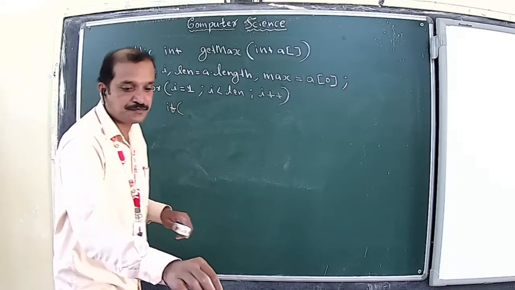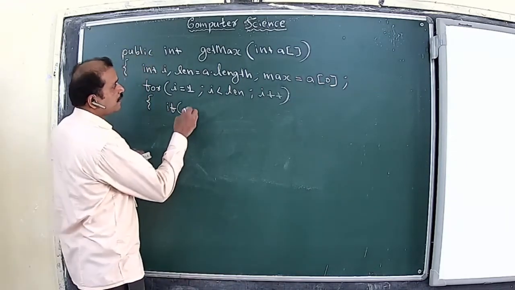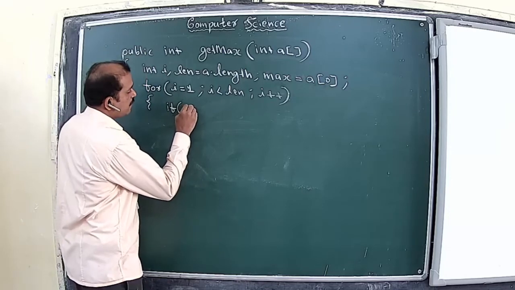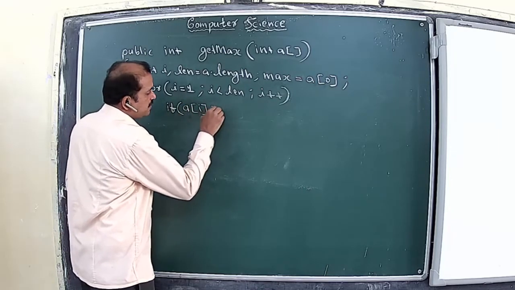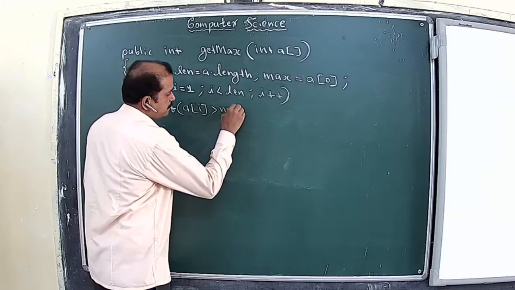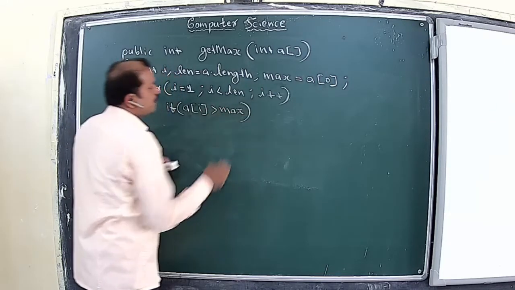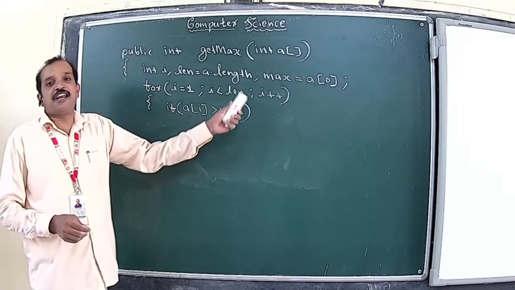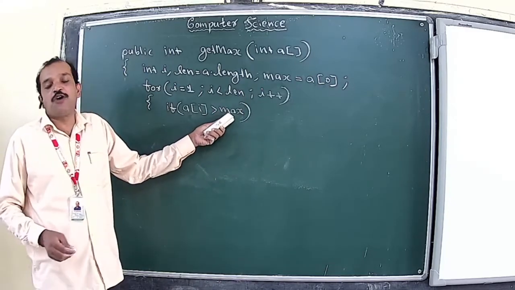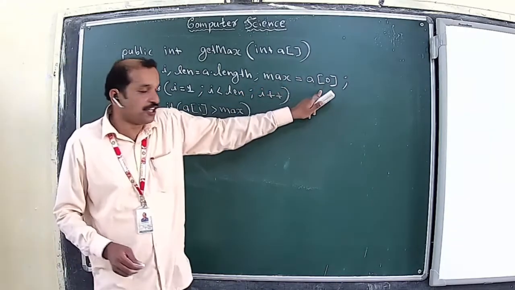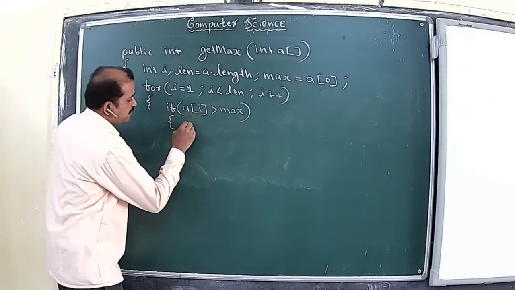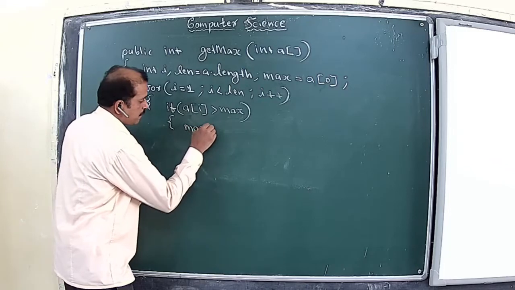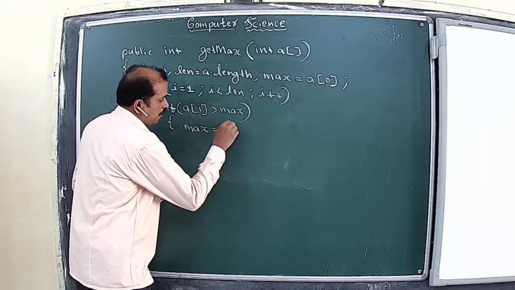If a of i is greater than max, that means if the next array element is greater than the value that is stored in max, in which case it is the first one, then max equal to a of i.